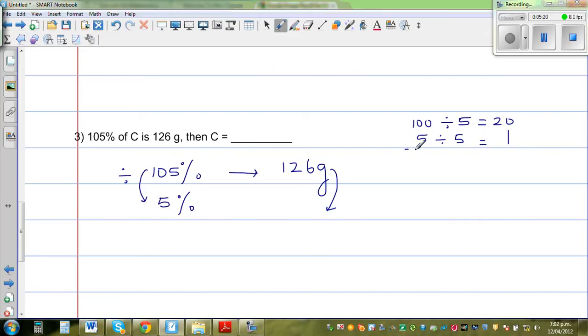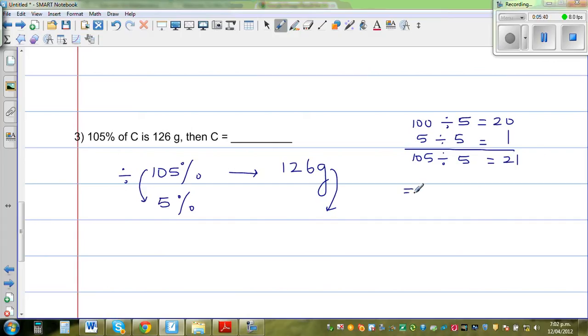Can you see what I'm doing? I've split 105 into two groups: 100 divided by 5 is 20, and 5 divided by 5 is 1. So 105 divided by 5 gives you 21.